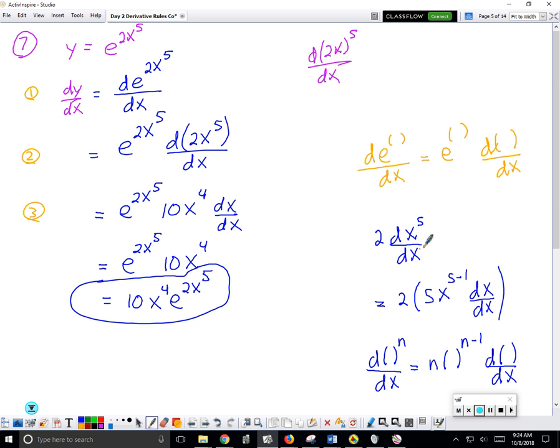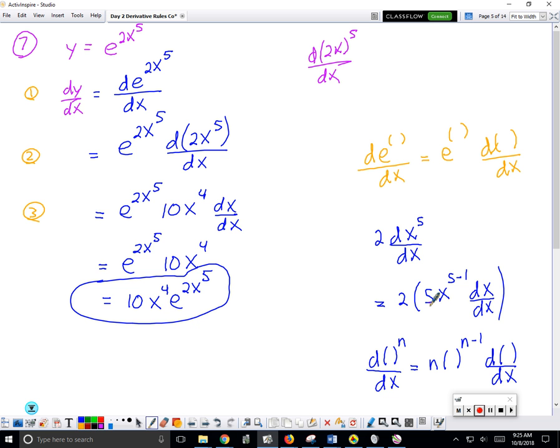So this requires the power rule. So here's the 2 still. So I bring down the 5, x to the 4th, dx dx. Now I've got 1, 2, 3 things multiplied. I choose to, instead of writing 2 times 5, I just write 10. Anybody else? 2 for Avery.